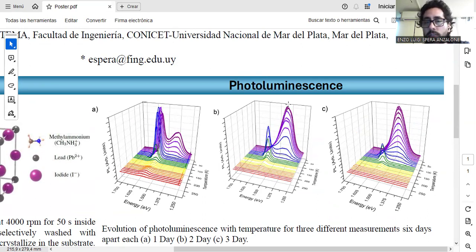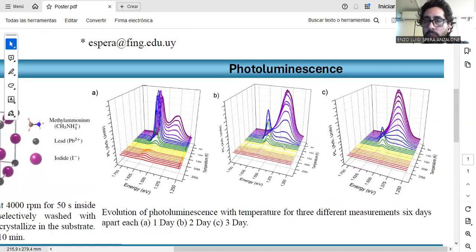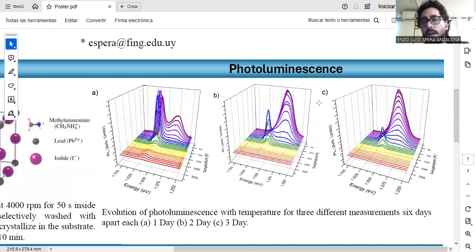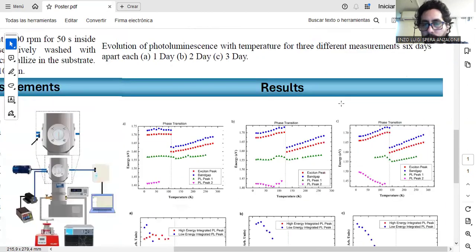These trap states, generated by the increase in vacancies, are trapping the excitons, reducing their energy and changing their behavior, which leads to this recombination due to localized excitons.